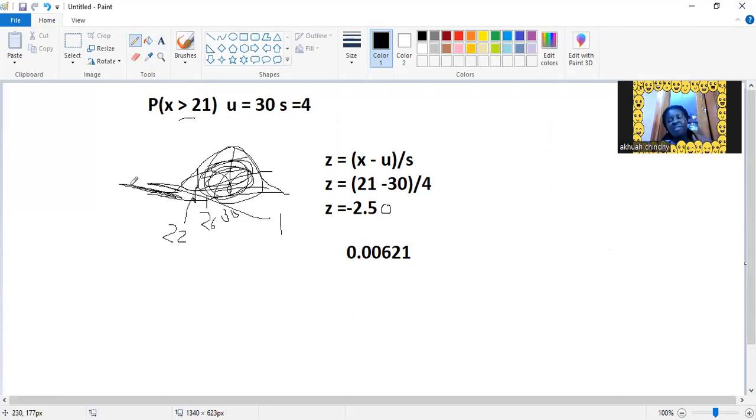But be careful that we're asked to find this side, not this side. So if we have been able to find this side, it means that we can find this side by subtracting this figure from 1.